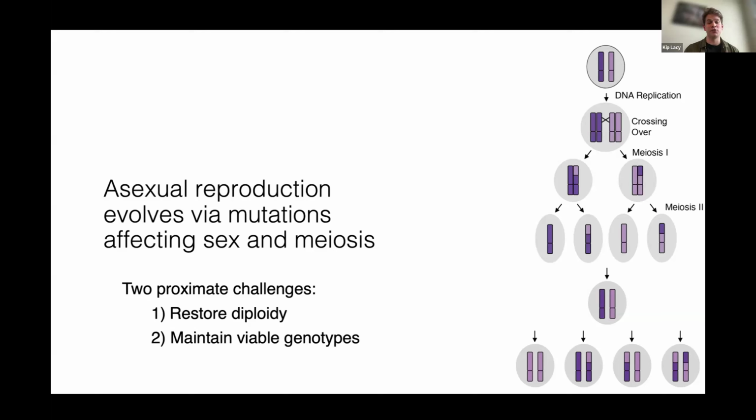Maintaining viable genotypes often means maintaining heterozygosity, both to avoid recessive lethality, to avoid the kind of inbreeding depression that Meaghan was just telling us about, and also to maintain genotypes compatible with female development. And although we know about a large number of asexual taxa, we rarely know how they meet these two challenges. But by doing so, we can hope to learn new things about how meiosis and sex work, how they evolve, and therefore how genes can flow through populations.